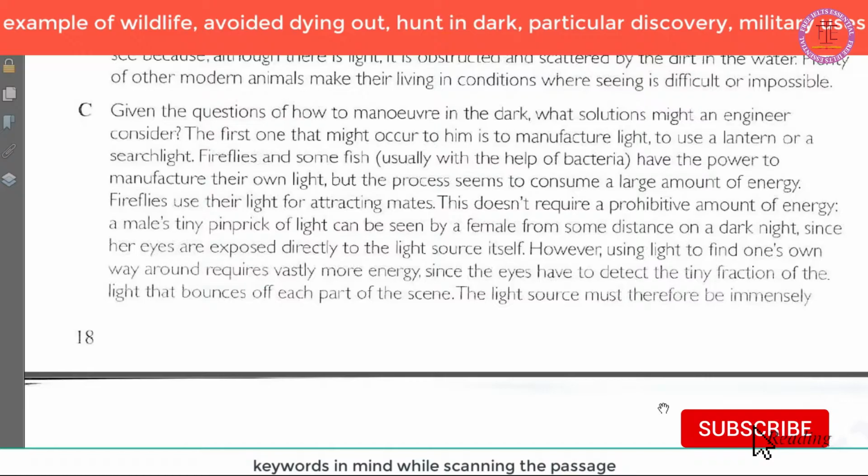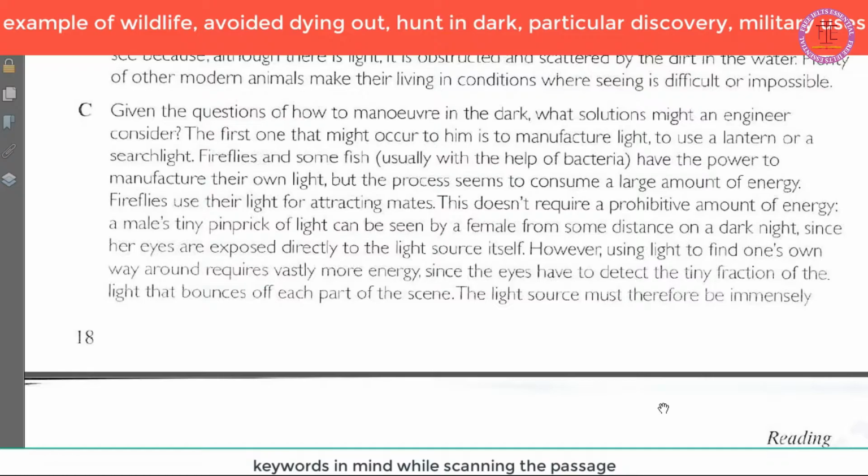Fireflies use their light for attracting mates. This doesn't require a prohibitive amount of energy. A male's tiny pinprick of light can be seen by a female from some distance on a dark night, since her eyes are exposed directly to the light source itself.